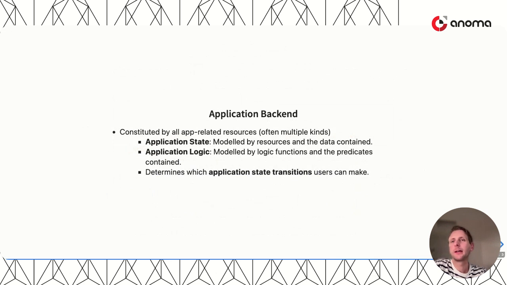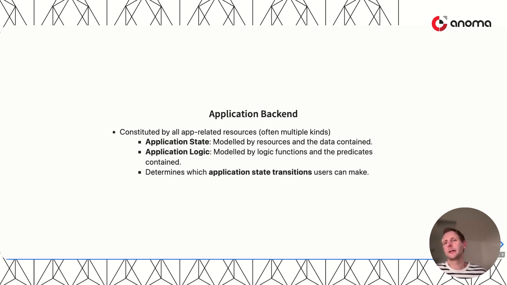The application backend basically is constituted by all resources related to this application. In the case of a token, this would be the token resources, but you can also think of a messenger application where you would probably have messages, some channels, and permission resources. So multiple different kinds of resources that make up your application.